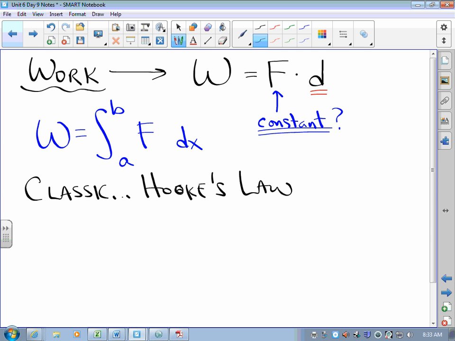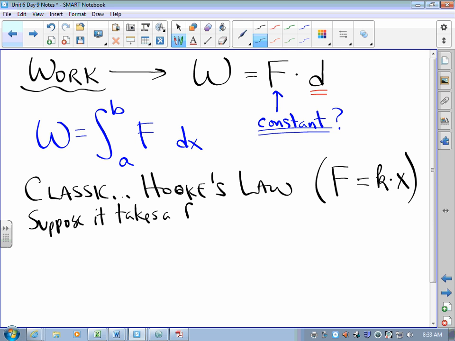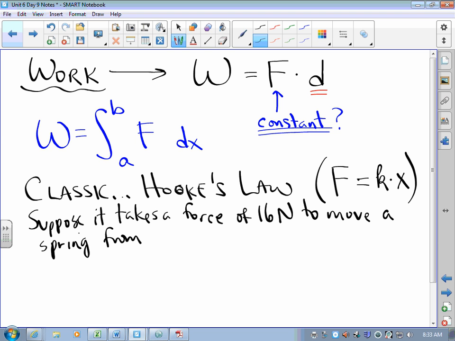The classic example is something called Hooke's law. Hooke's law applies to springs. For a spring, the force necessary to stretch the spring is proportional to the distance that the spring is stretched. Yes, very good. So, suppose it takes a force of 16 newtons to move a spring from rest to 3 centimeters beyond rest.